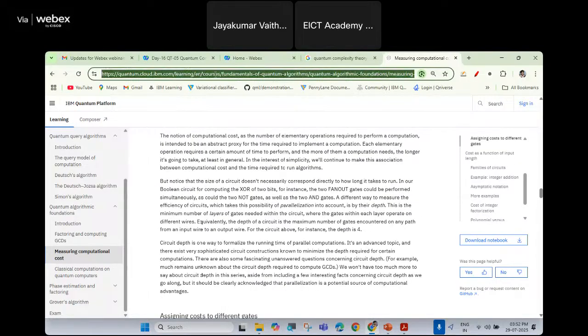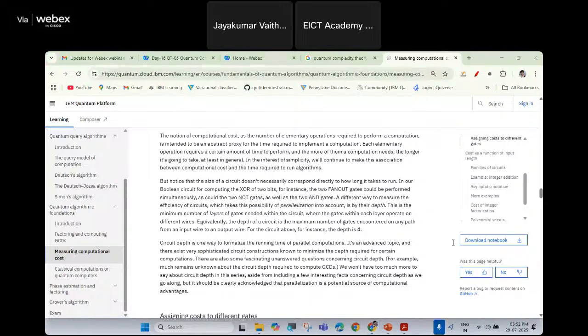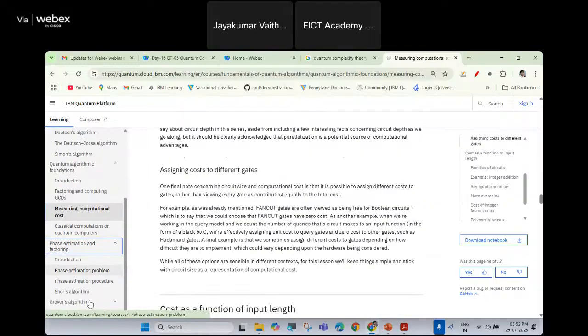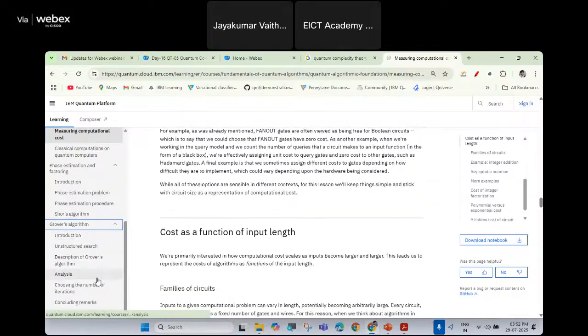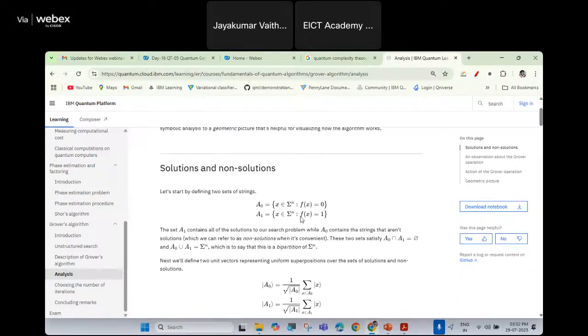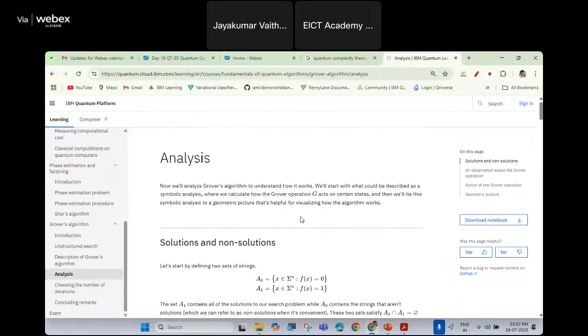I'll share this link also if you want to go directly to this topic. All this algorithm analysis belongs to computational complexity. If you want to analyze any algorithm, it belongs to computational complexity.